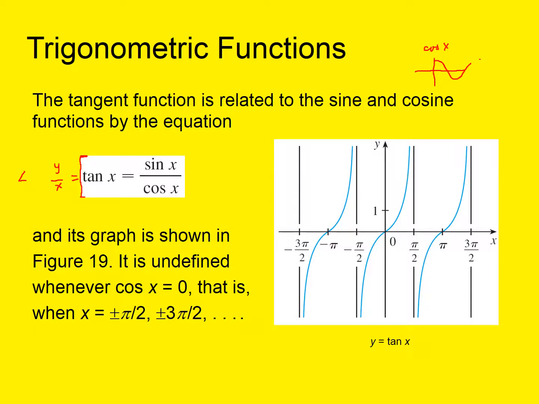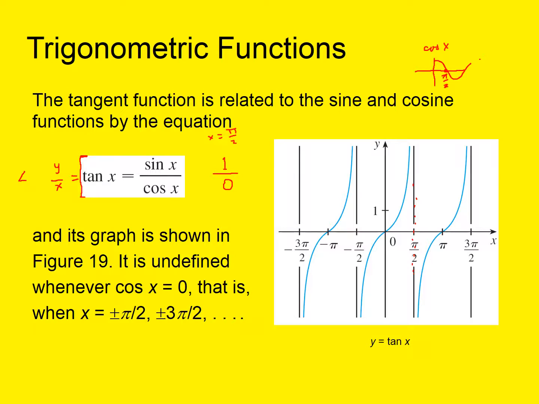I'm sure you can imagine the graph of cos, and at pi over 2, cos has a 0. So when x equals pi over 2, sine has a value of 1.